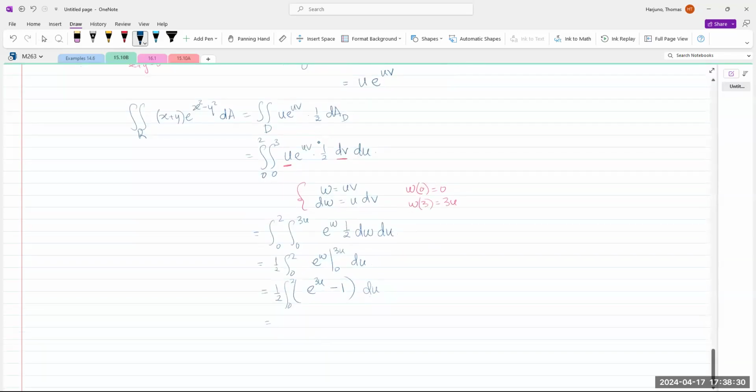Okay, so this is 1/2 times 1/3 e to the 3u minus u from 0 to 2. e to the 6 minus 2, minus 1/3 minus 0.